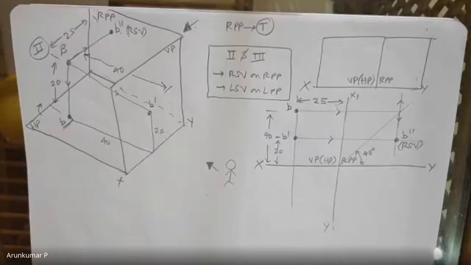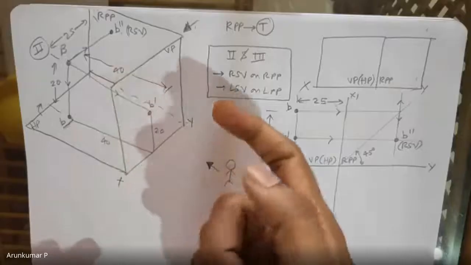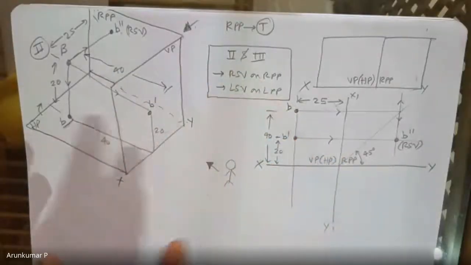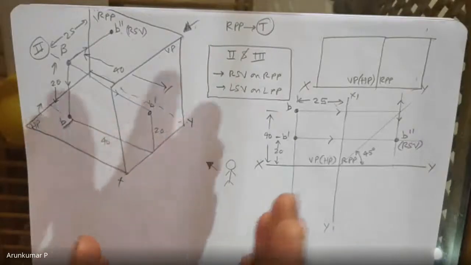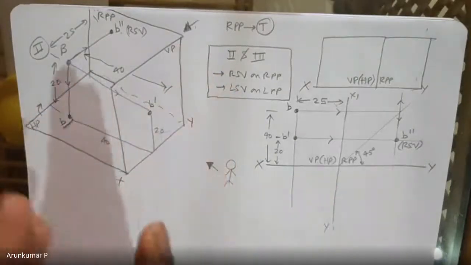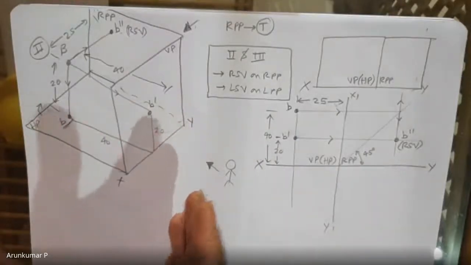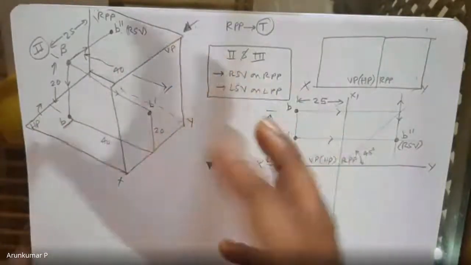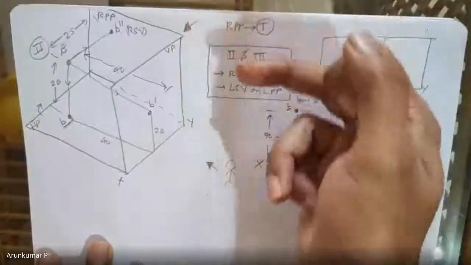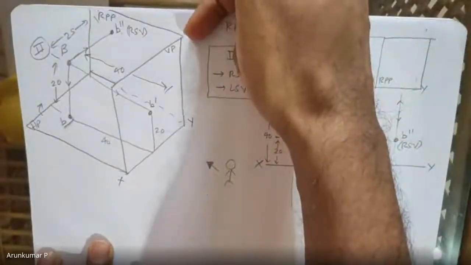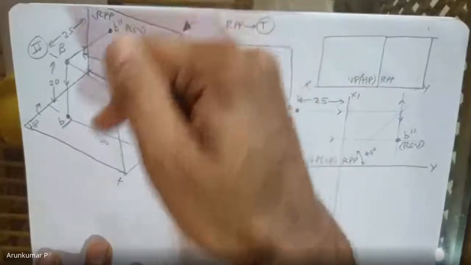Why is it right side view on RPP for the second and third quadrant, sir? See, there has to be a difference between the first, fourth quadrant and the second and third quadrant. To achieve that difference, the rule is you should look from the right side for second and third quadrant.